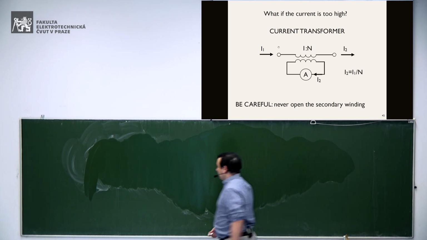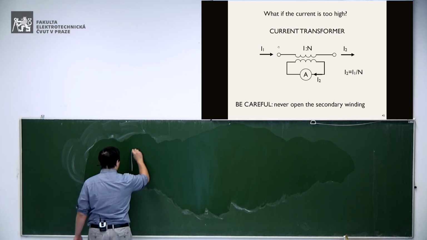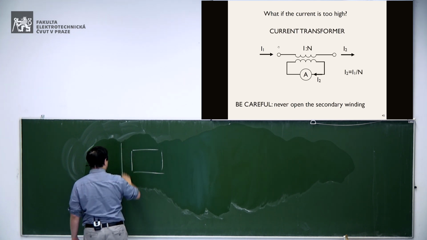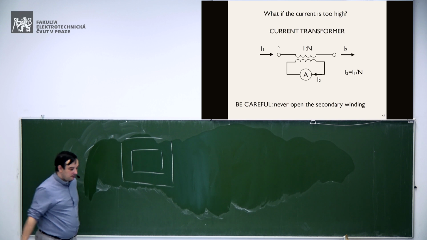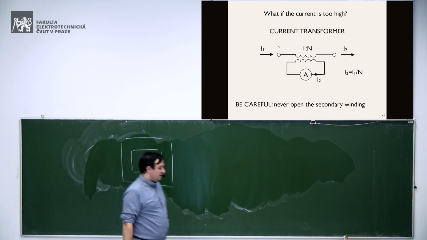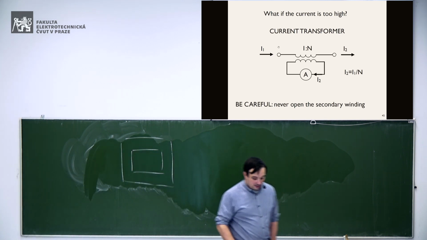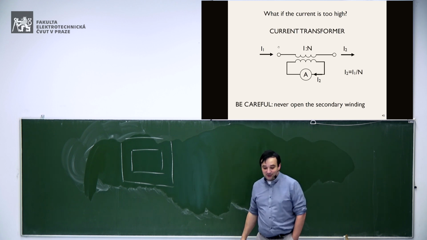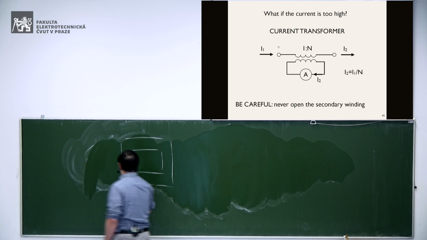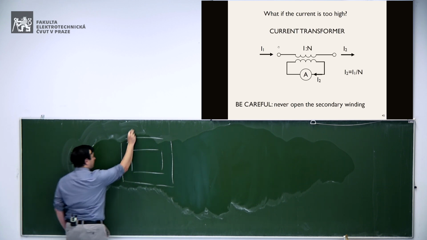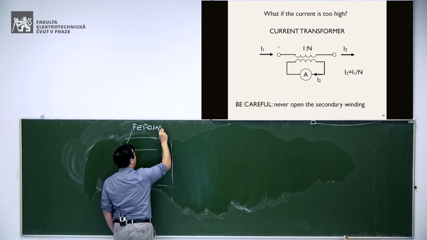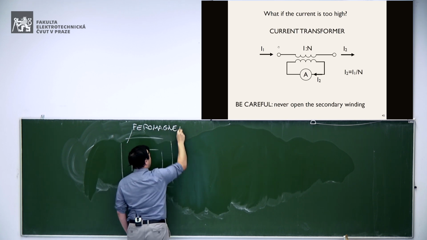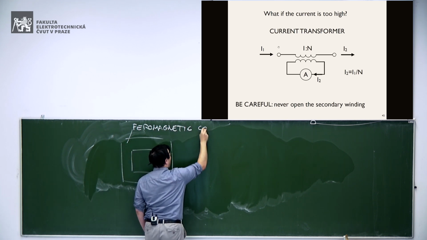I will explain. A transformer is based on a ferromagnetic core. Okay, I have two students who do not know what a transformer is. Perfect. So, you have a ferromagnetic core.